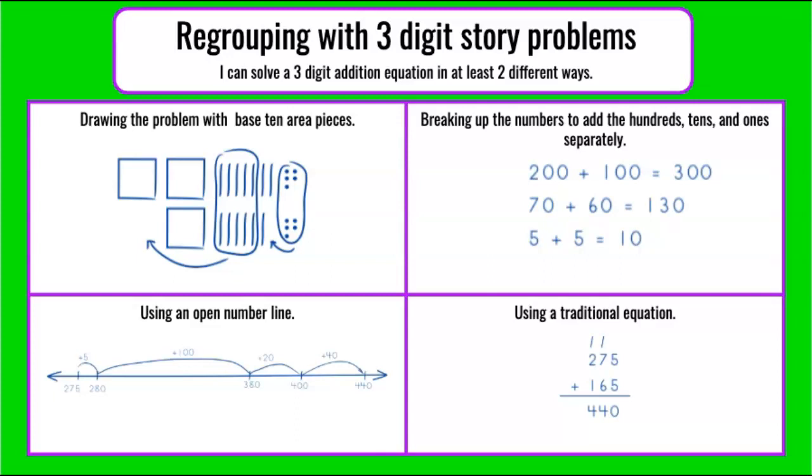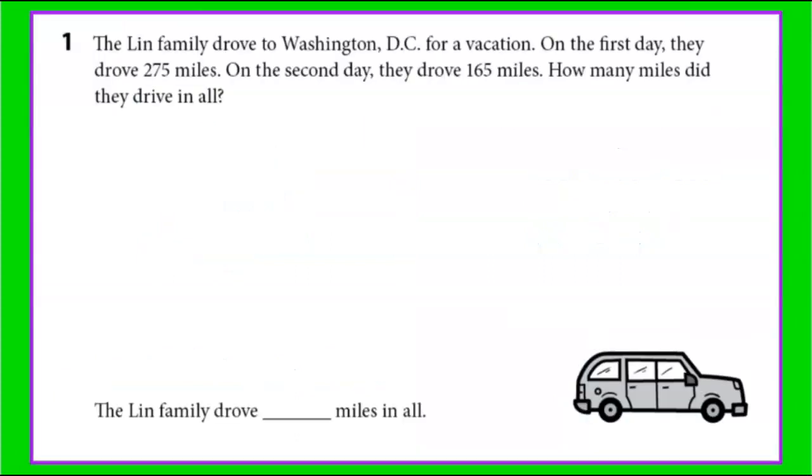So let's go ahead and look at our first story problem of the day. Now, this problem says, the Lynn family drove to Washington, D.C. for a vacation. On the first day, they drove 275 miles. On the second day, they drove 165 miles. How many miles did they drive in all?